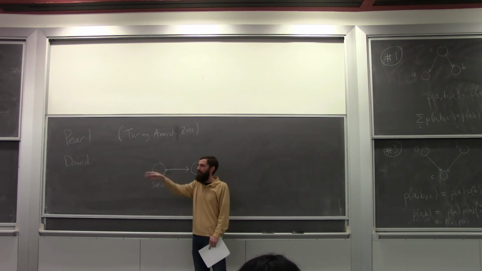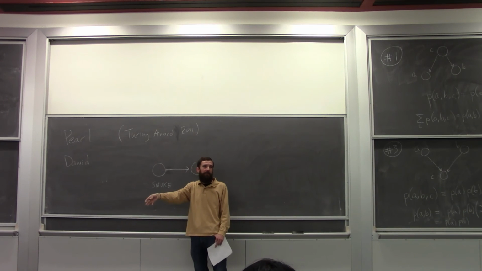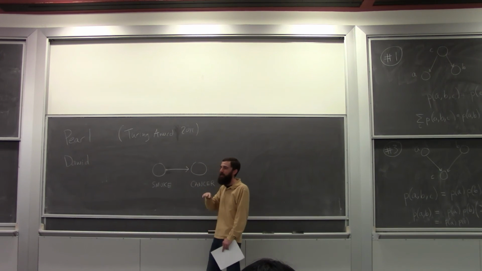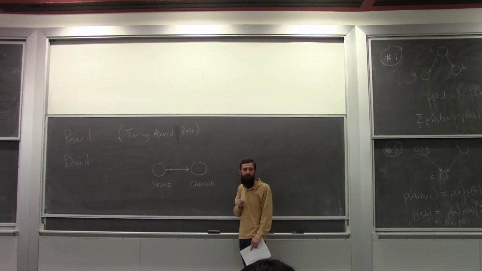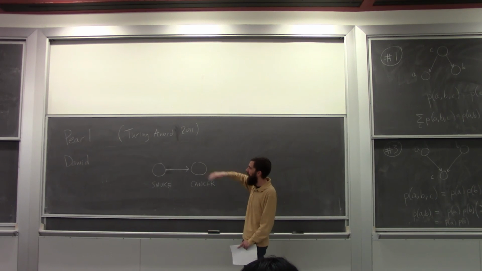You can't do it after the fact in analysis. You can't really get at causality by analyzing the data after it's been collected. You have to actually set up the experiment and be able to change the random variables. So that's the idea behind causality that Pearl came up with.